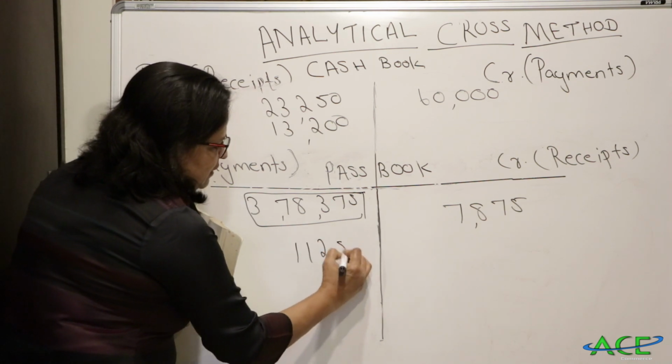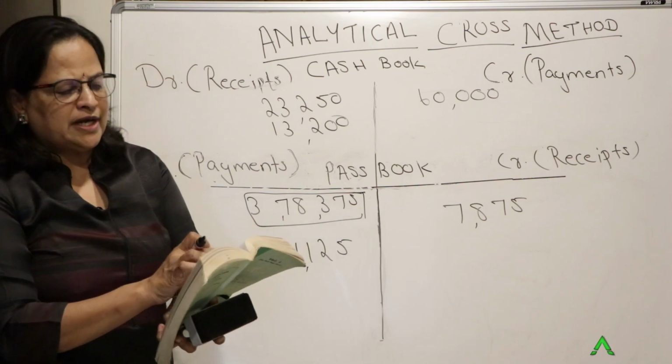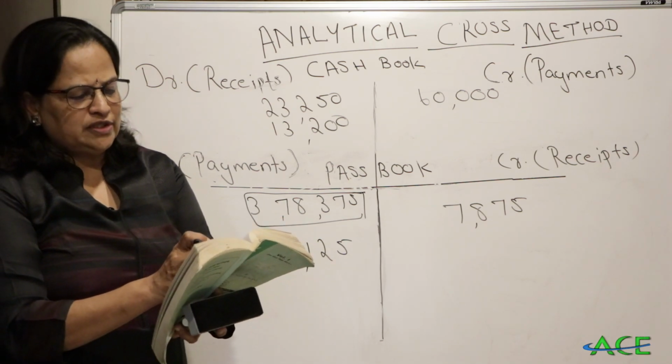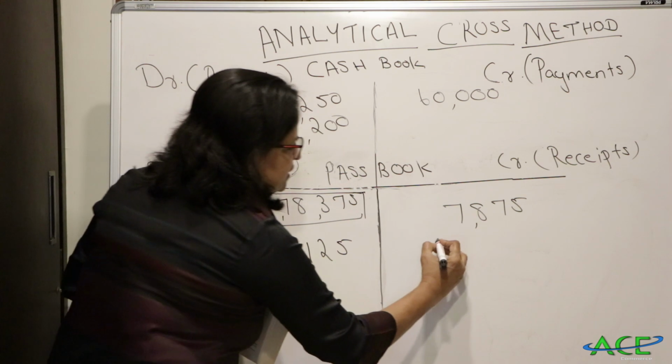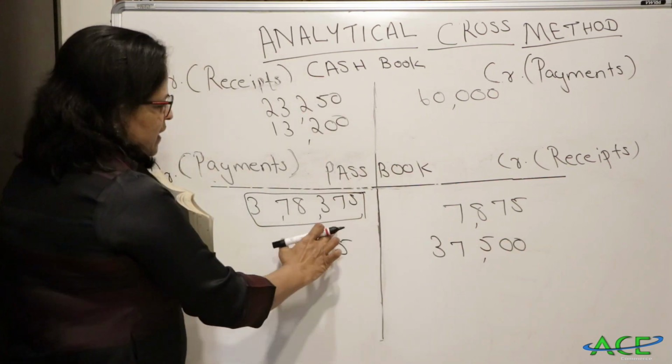It will come here, 1,125. Now you have to remember that there was a wrong credit in the passbook for 37,500. Wrong credit, this is the 37,500. Now you have the passbook balance.